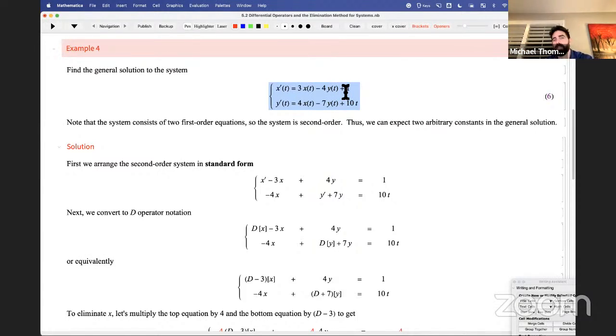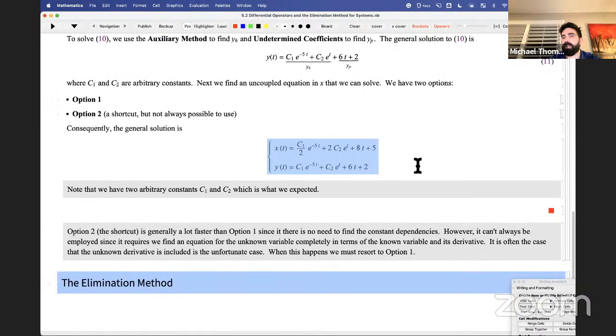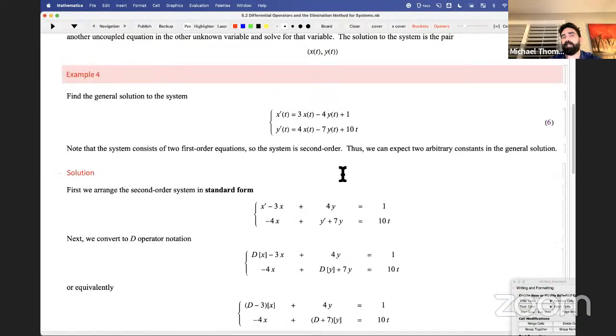This one should only have two. Whatever we get out for a solution, in fact, I'll show it to you. This is the solution that we're going to get. Do you notice there's only two constants in there? There's a C1 and a C2. That's it. So that's one thing you want to look at right from the get-go.